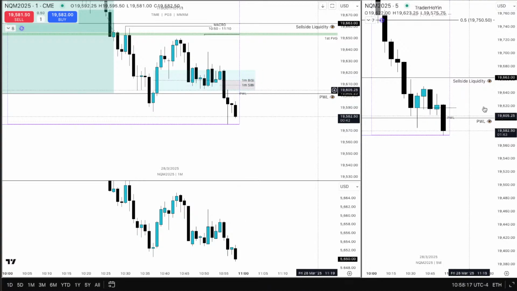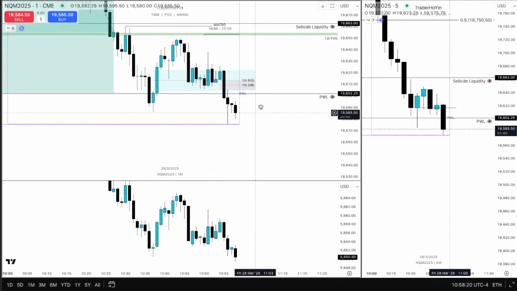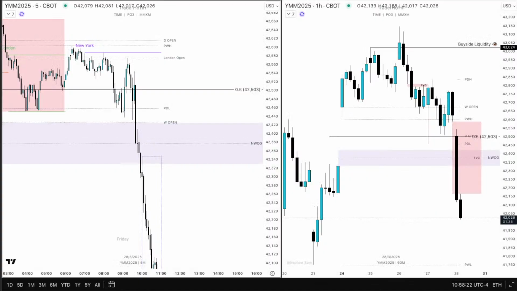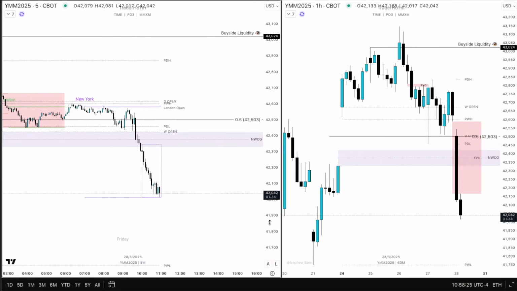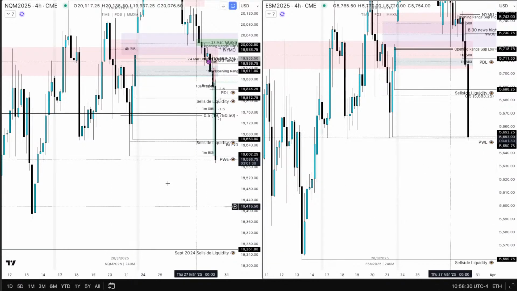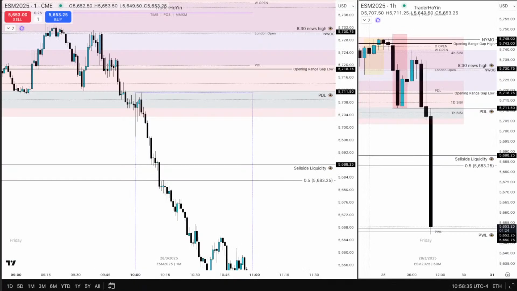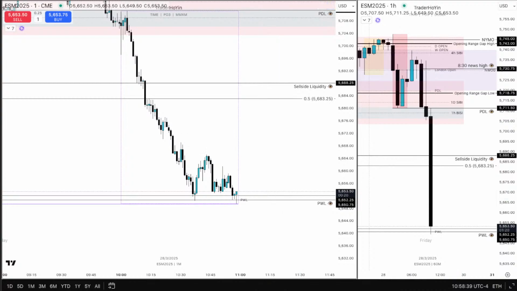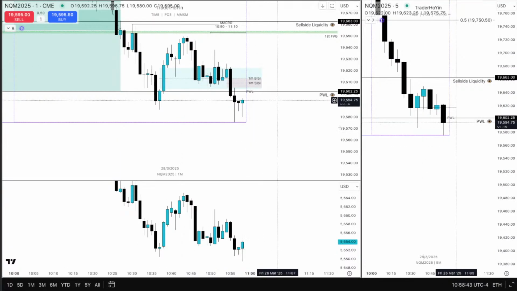See that? Let's look at YM. There should be another drop before it comes back to the range. Let's have a look.